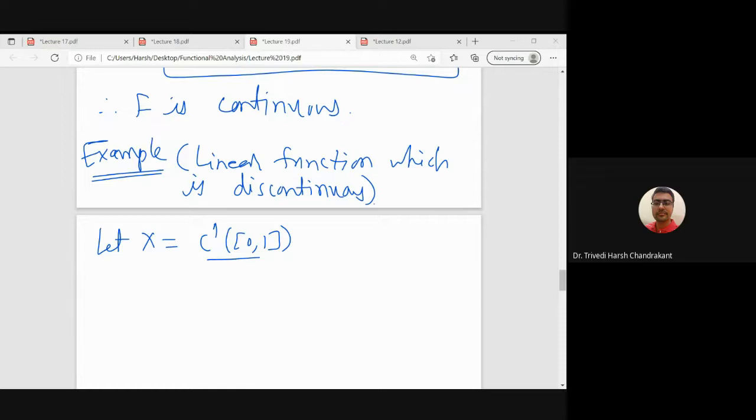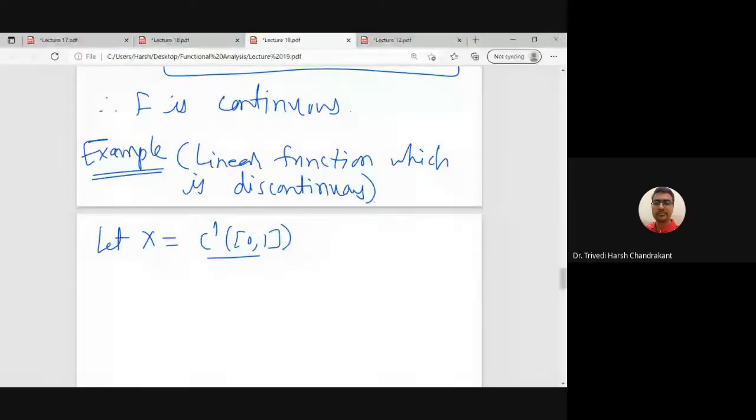Similarly, alpha times f dash is alpha f dash. So using those properties, we can easily see that this is a vector space with respect to pointwise addition and scalar multiplication. So X is a vector space, and we need to define the norm because we want to take a normed linear space. So let X be this with the supremum norm.